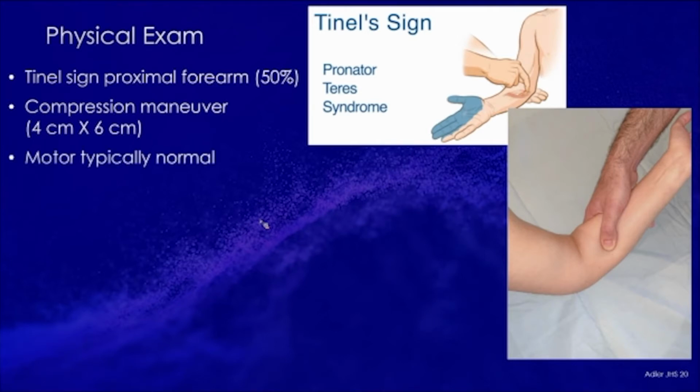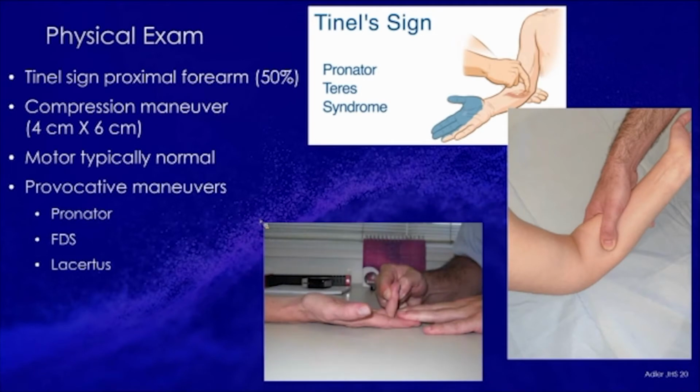Motor exam, typically normal. And then I think really the question, and a question I would actually like to ask the panel to comment on afterwards, is, can we pinpoint our site of compression and tailor our surgical release based on our physical exam, and specifically provocative maneuvers.